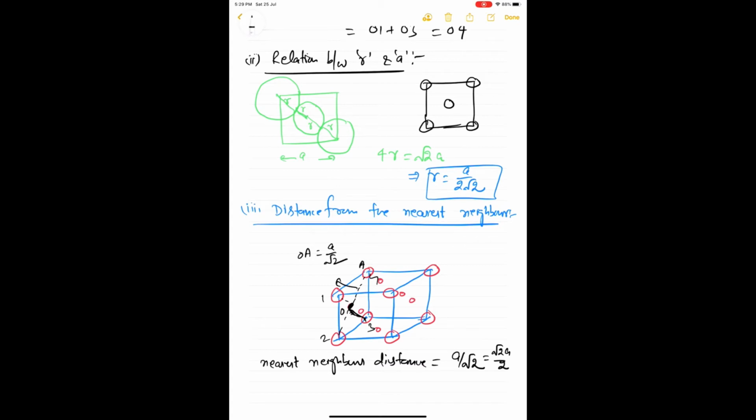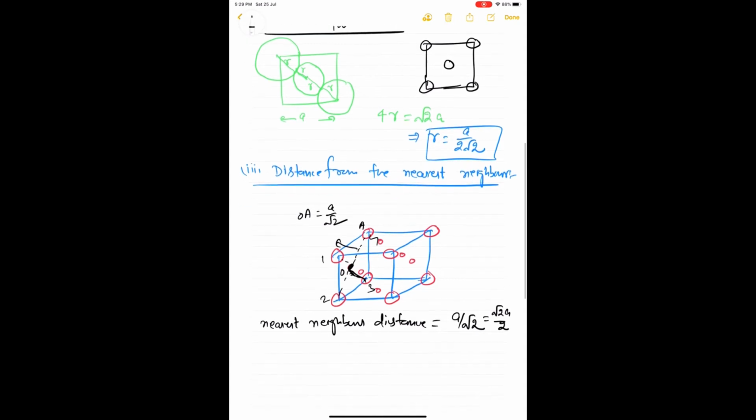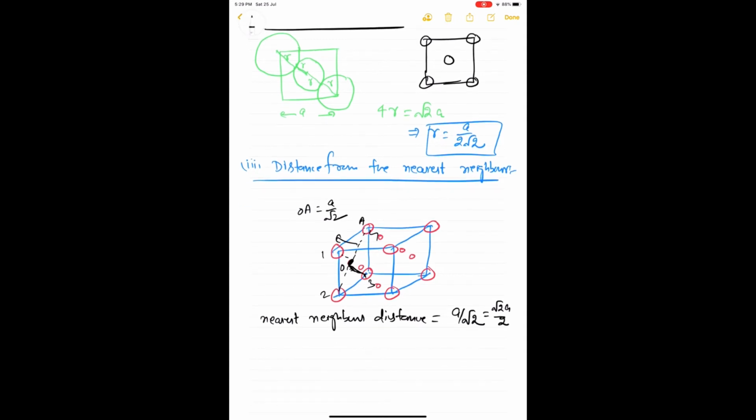Now, are these the only atoms that are situated at a by root 2 distance? Are there other atoms as well? It means we want to find out the total number of nearest neighbors. So the total number of nearest neighbors, or if you wish, you can call them first nearest neighbors.